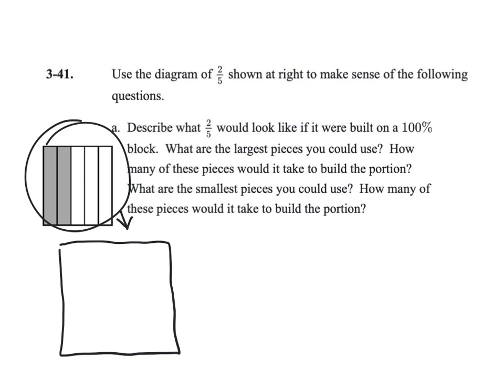I'm not going to draw all the lines in. I'm not going to put 100 blocks in there because that would take too long. But we know that's 2 out of 5. And we know we need to convert it to a 100 block. So we'd have to ask ourselves, does 5 go evenly into 100? Well, hopefully we know that it does, or you can check your multiplication chart to see how many times, because we need that 100 on the bottom, and then we will know how to fill out our hundreds block.